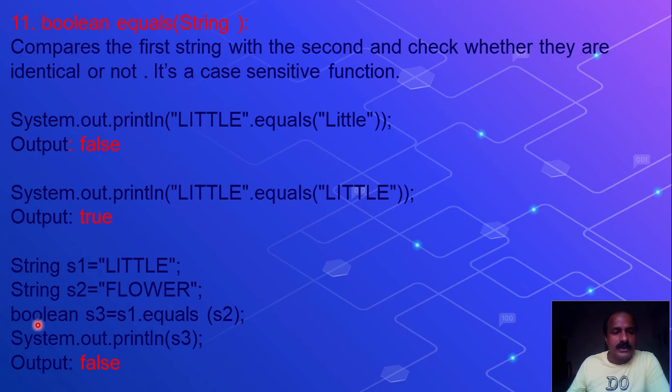I told you the return type is Boolean. That's why I have declared a variable here of Boolean type. Now Boolean s3, this is the variable name, is equal to s1.equals(s2). We are checking whether Little and Flower are equal or not. Obviously it is not equal. So your answer will be stored in s3, and what will that answer be? False. Okay, false will be printed.